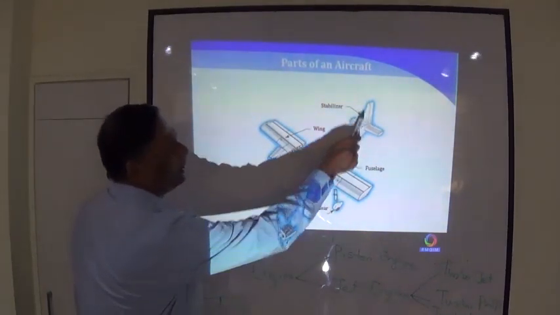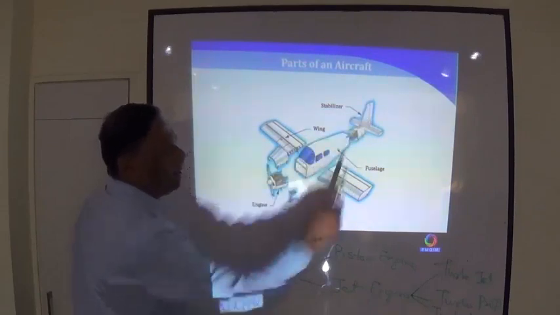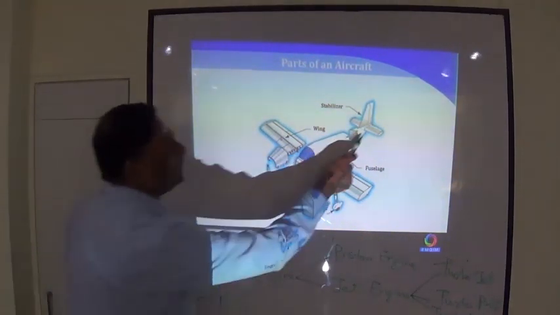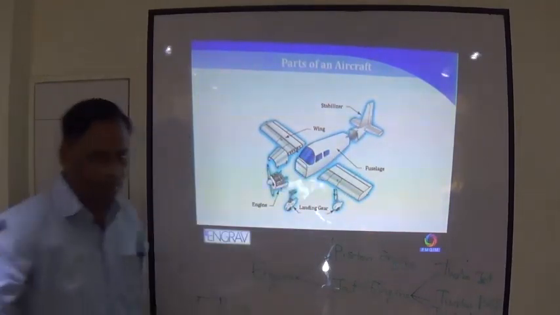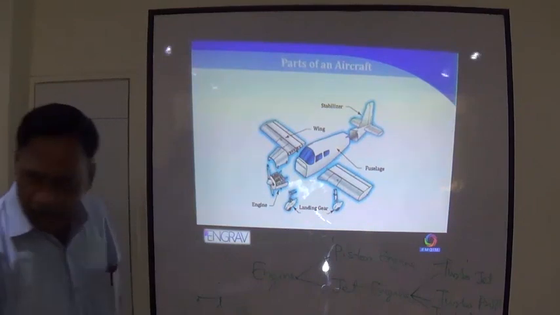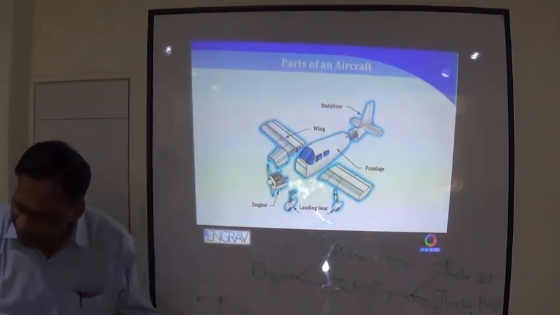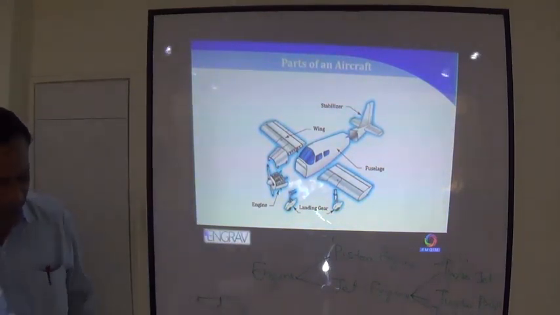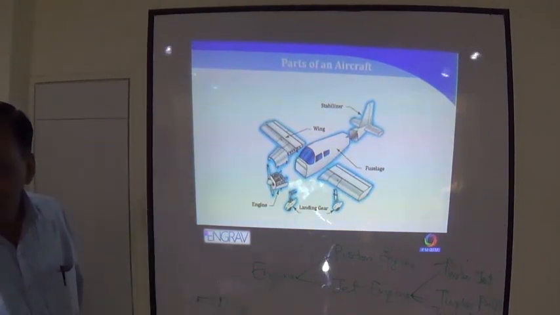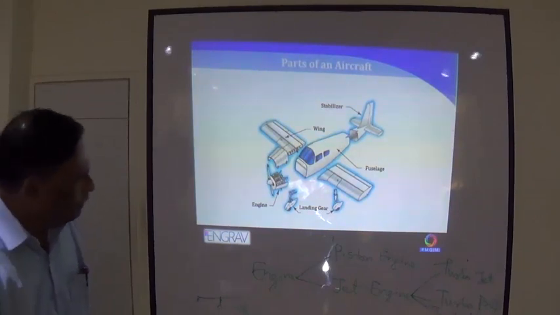This is called the vertical stabilizer. This is called the horizontal stabilizer, which is horizontal to the ground. Don't worry about it. If you want to write, please do write. But these are terminologies you come across, so I'm just trying to familiarize you with them.